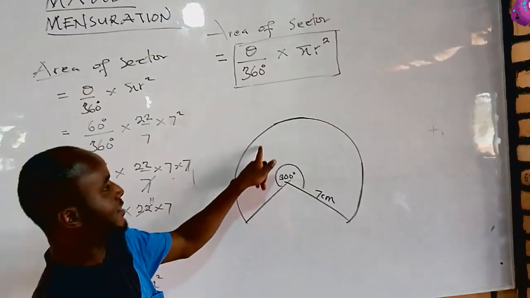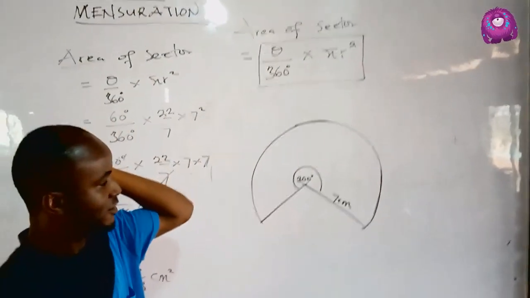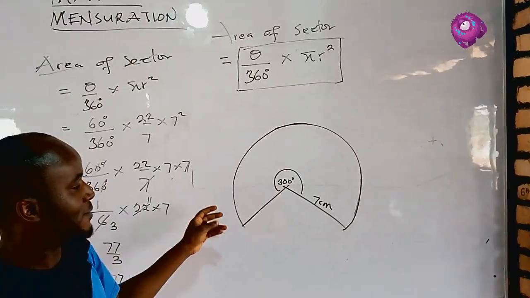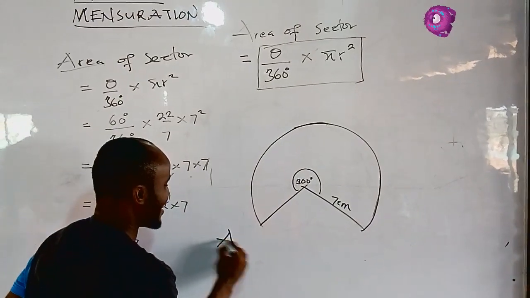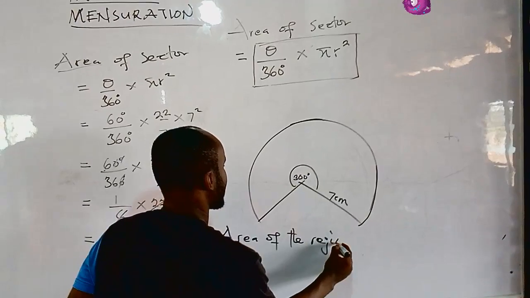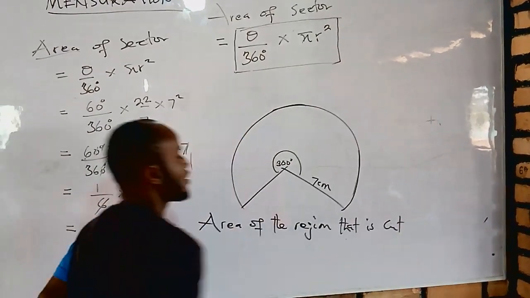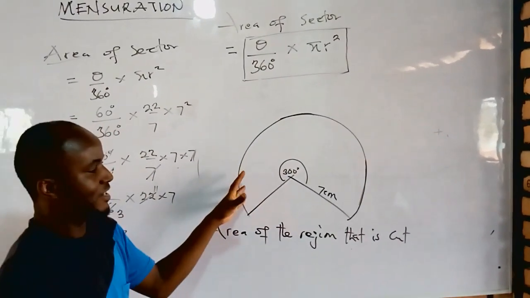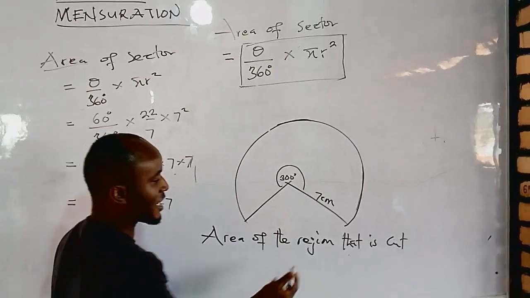They can ask you that the diagram here shows a workpiece that is going to be used to do a particular job. An area has been cut off. So they want you to find the area of the region that has been cut. In a question like this, you should know that you are not finding the area of the figure that you see there in general, because they are talking about a cut.